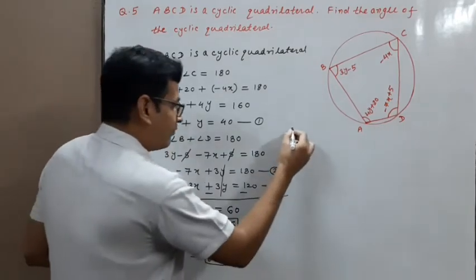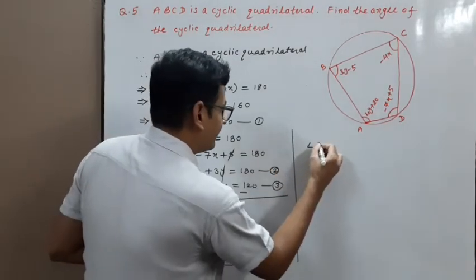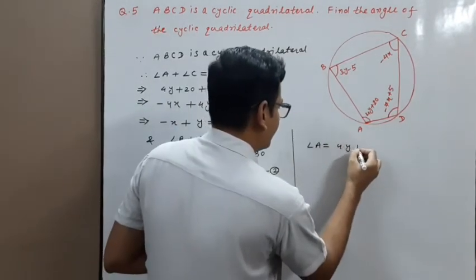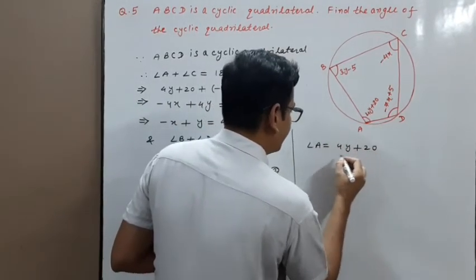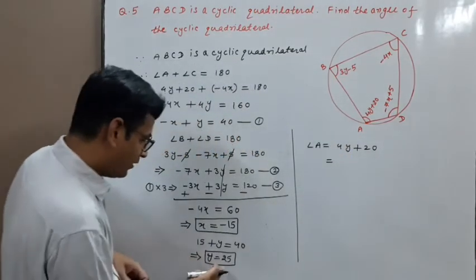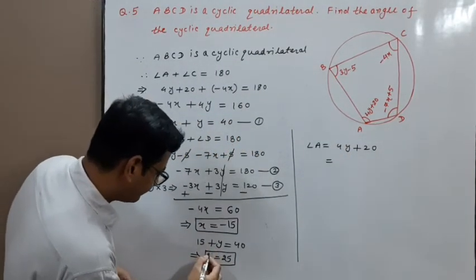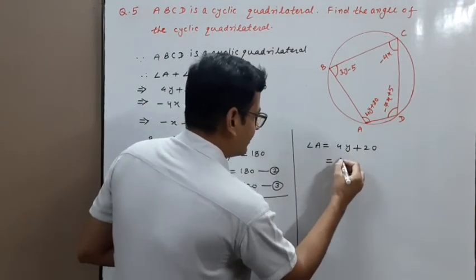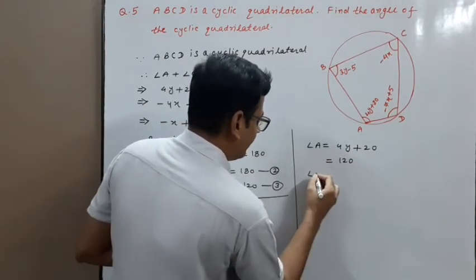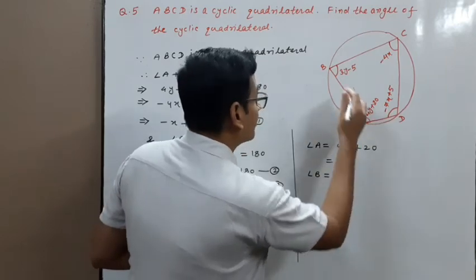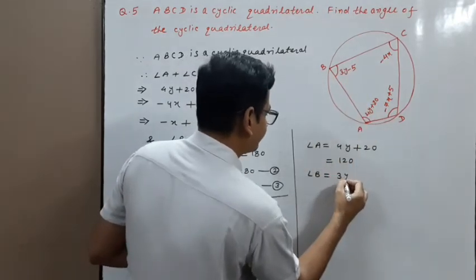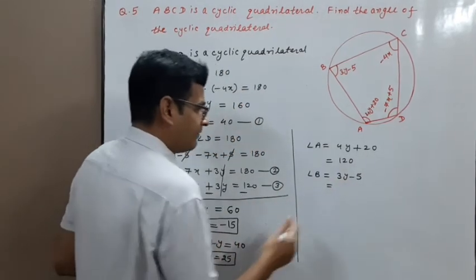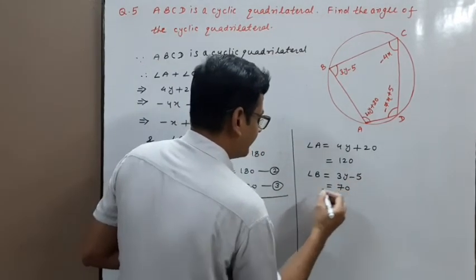Now find all the four angles. Angle A is equal to 4y plus 20, where the value of y is 25. So 4 into 25, 100 plus 20, 120. Angle B is equal to 3y minus 5. 3 into 25, 75 minus 5, 70.